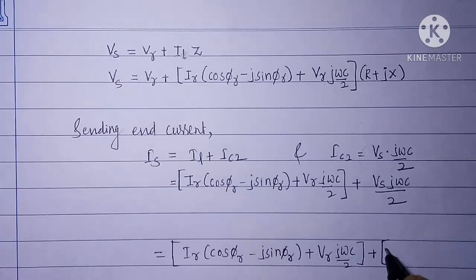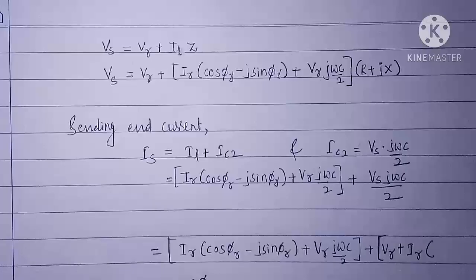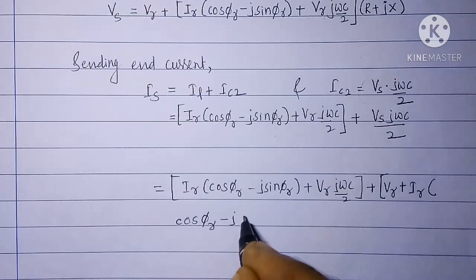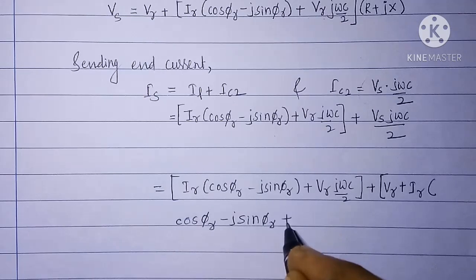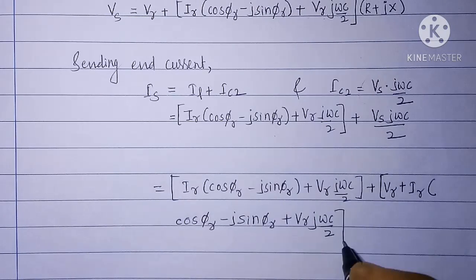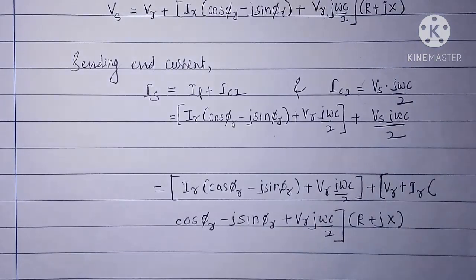Vs is VR plus IR into the bracket cos phi r minus j sin phi r into R plus Jx.